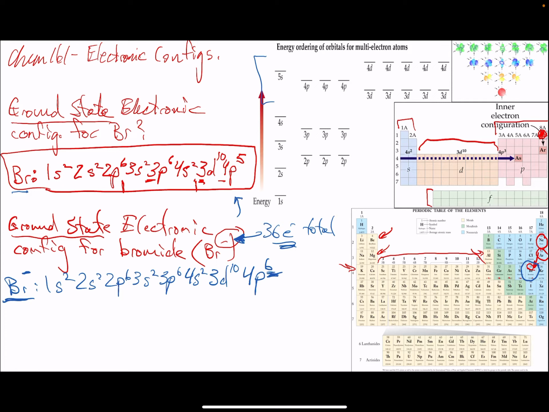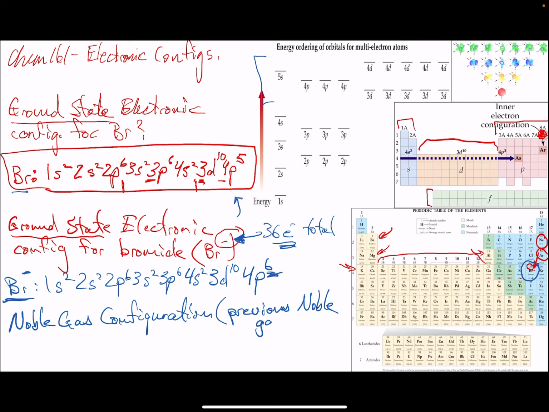Okay, so the noble gas configuration, we're going to use the previous, the nearest most previous noble gas as a starting point.